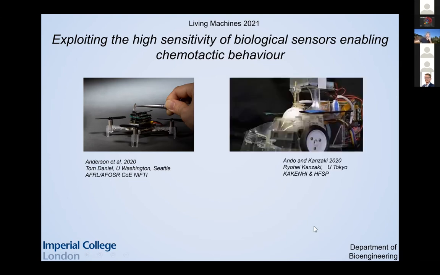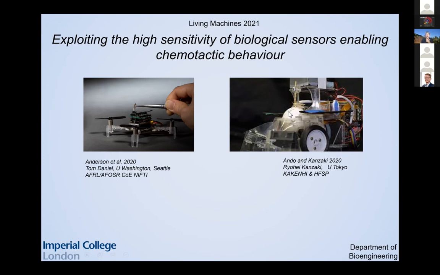And then, of course, in earlier venues of this conference, we have seen the silk moth system that Ryohei Kansaki at the University of Tokyo has developed, where a silk moth with its antennae is actually detecting odor, and that influences the locomotion direction of the moth, rotating a ball.